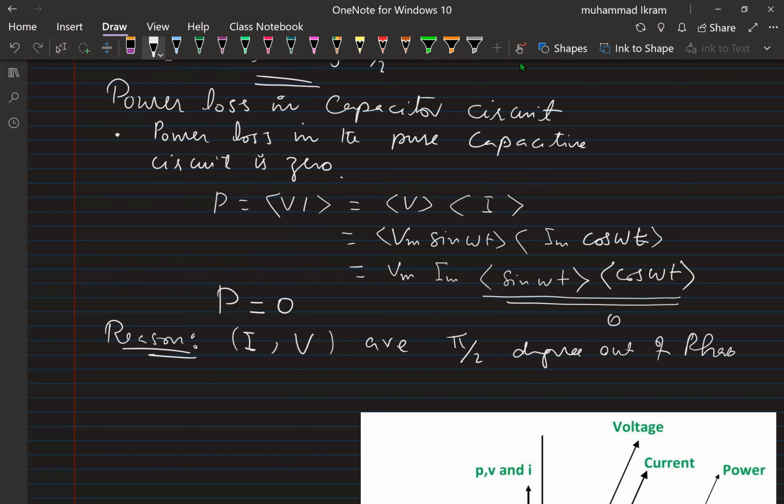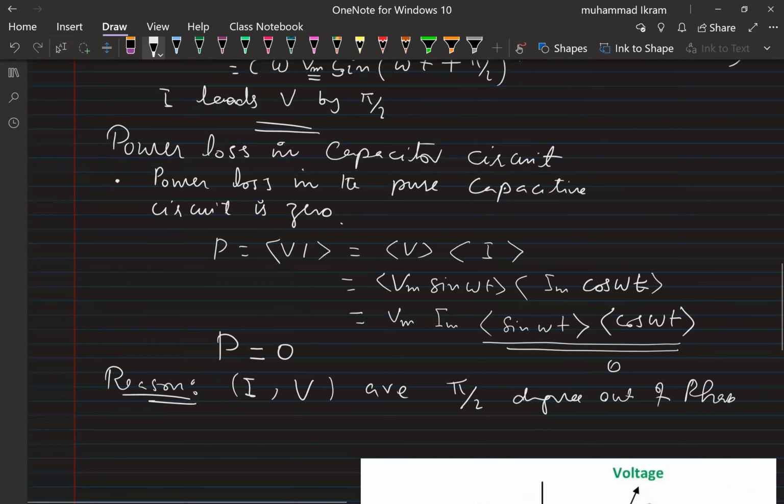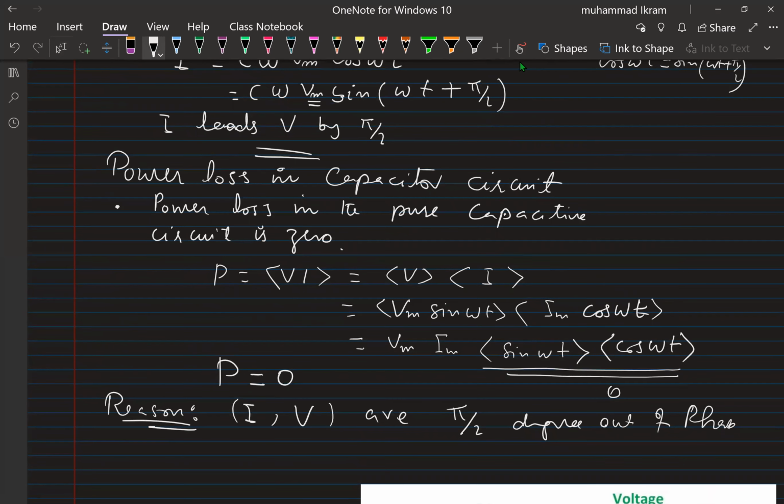What does this mean? If I is maximum, V must be 0. If V is 0, I must be maximum. So over one cycle of AC, the power is 0.